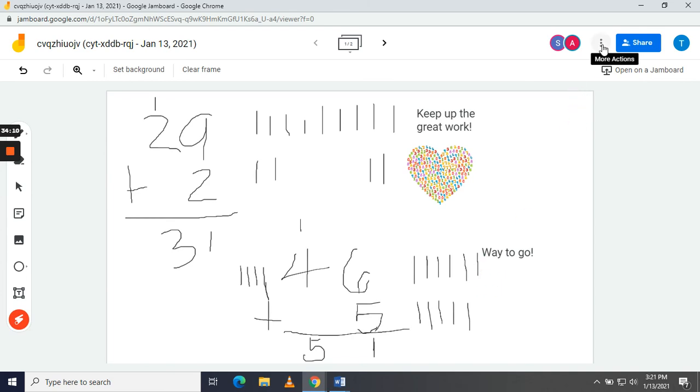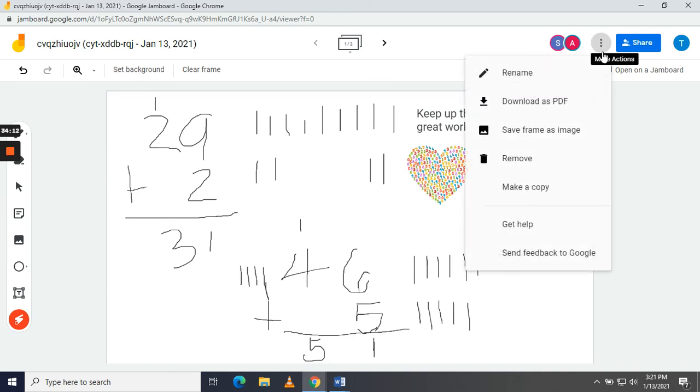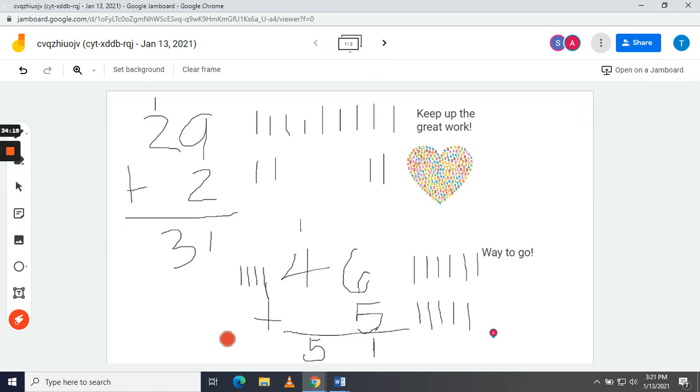So what we want to do is go ahead again, go up to the 3 circle on the upper right hand corner, and we're going to download it as a PDF.